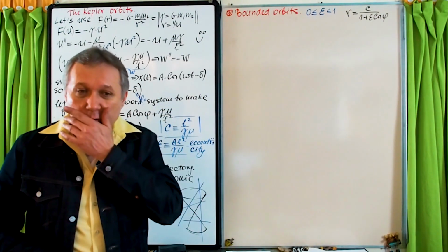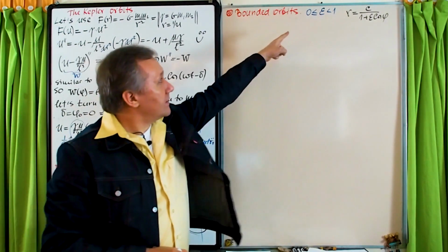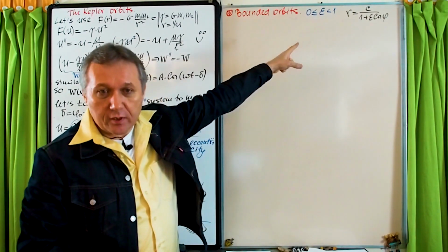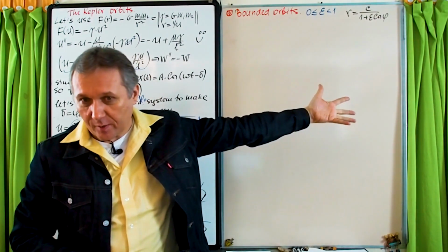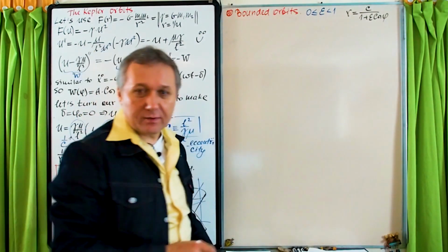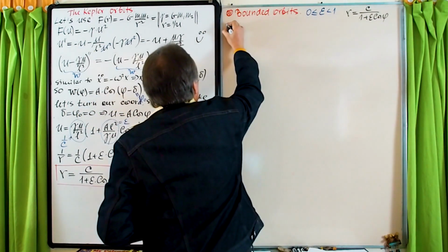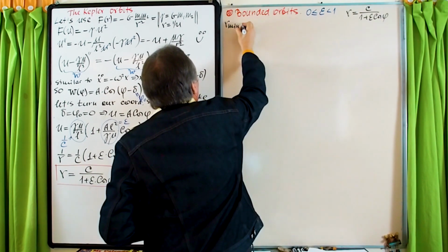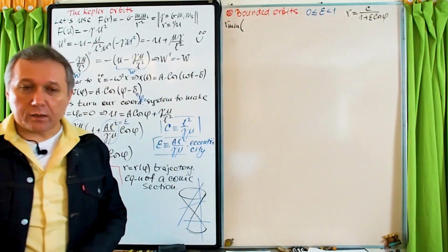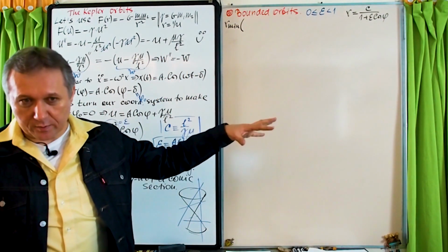First of all, let's show that under these conditions, with this epsilon, we actually get a bounded orbit. Let's find our minimum and our maximum. Our minimum is when the denominator is maximum.